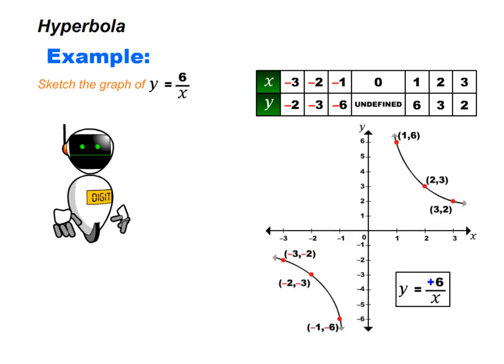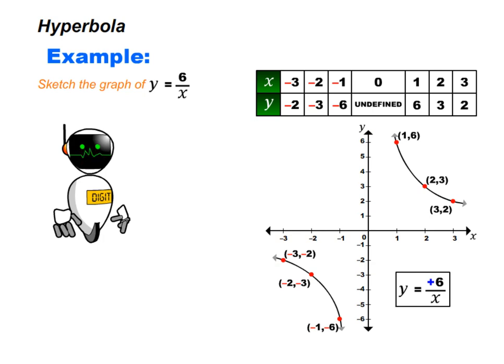Look at the graph of y is equal to 6 over x. It does not have the y-intercept, and it does not have the x-intercept. We call the x-axis and the y-axis the asymptotes in this case.